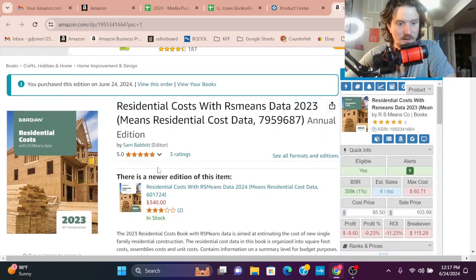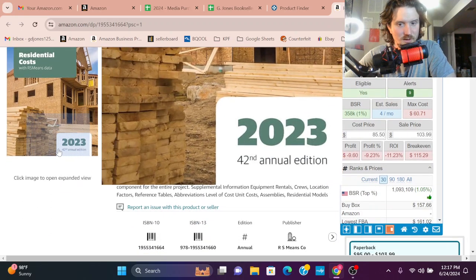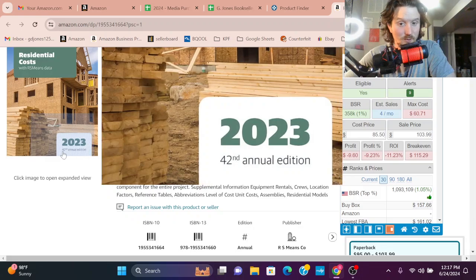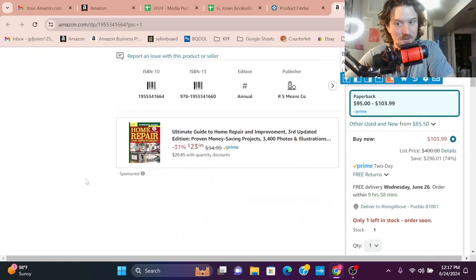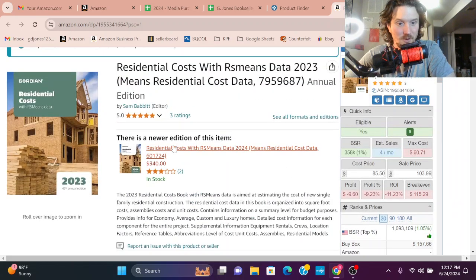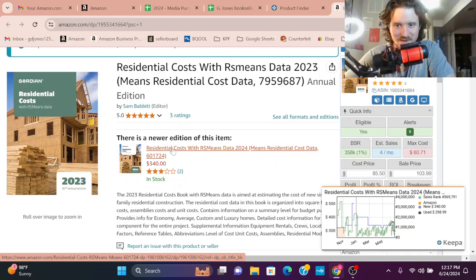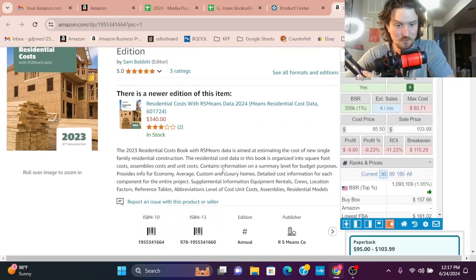Another concern I have is that it's the 2023 edition, and it looks like it's the 42nd annual edition. So that means the 2024 edition is coming. Oh, it's right here, actually. And you can see that it has been around for a minute, and it's selling for over the $300 price. 340, it looks like.